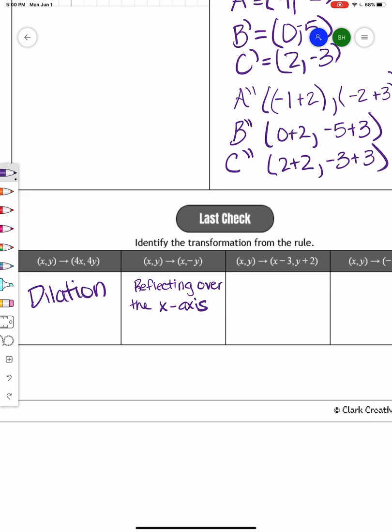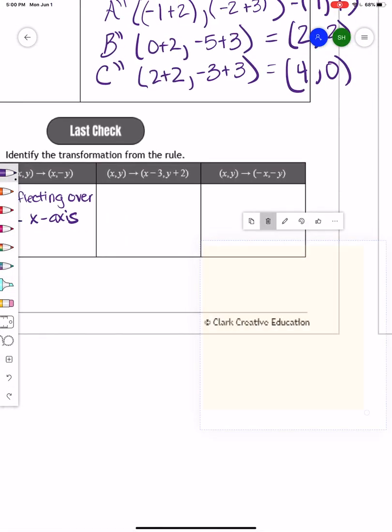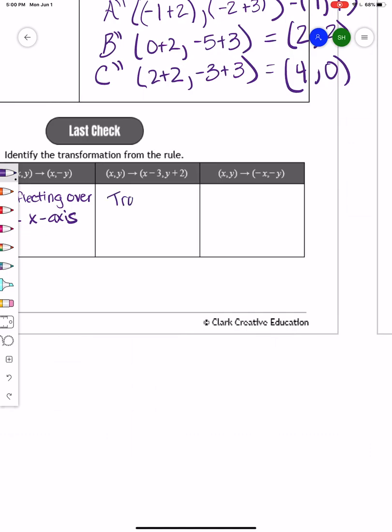What about when you do xy to x minus 3, y plus 2? That's a translation, because we are sliding it to the left 3 and up 2.